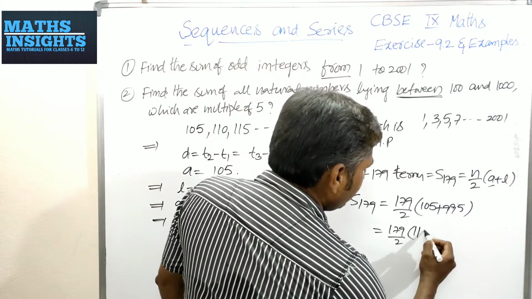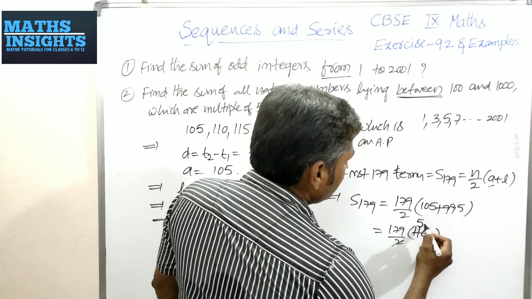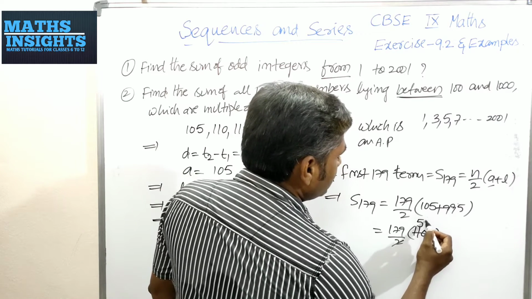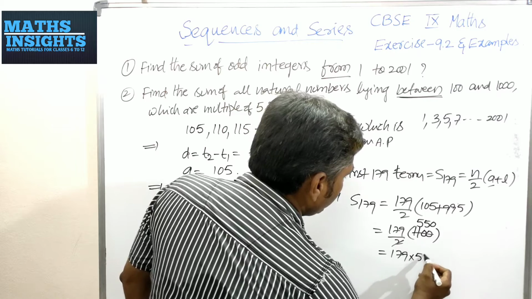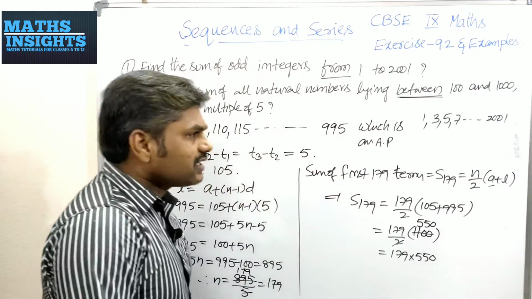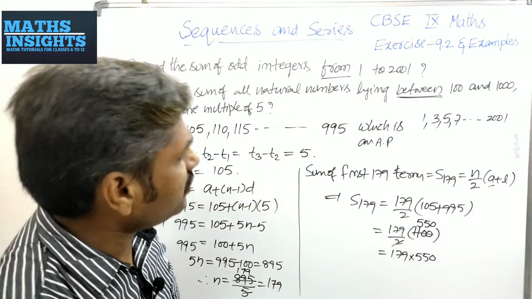Okay, 1100. So if you cancel, 2 fives are 10, 2 fives are 10, 0. That equals 179 into 550, which is the sum of all the multiples of 5 between 100 and 1000.